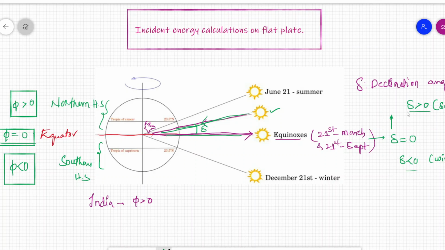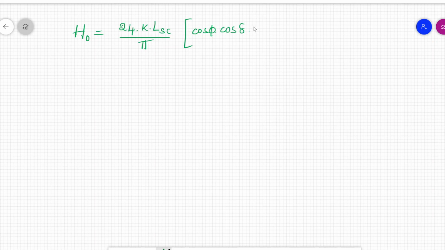Now let us proceed further. We have derived an expression for our incident energy: H naught equals 24 K into LSC, the mean solar constant, divided by pi, into cos phi cos delta sin omega SR plus omega SR into sin phi sin delta.